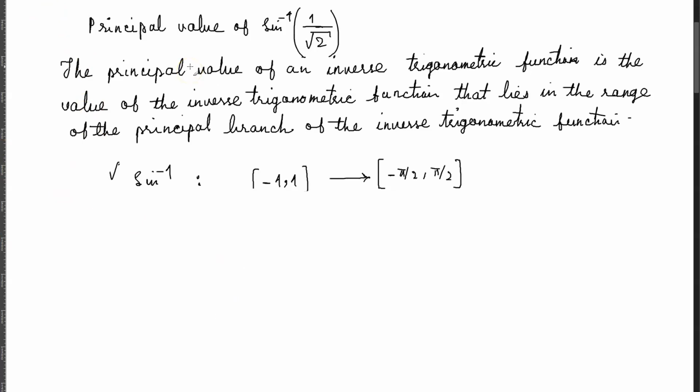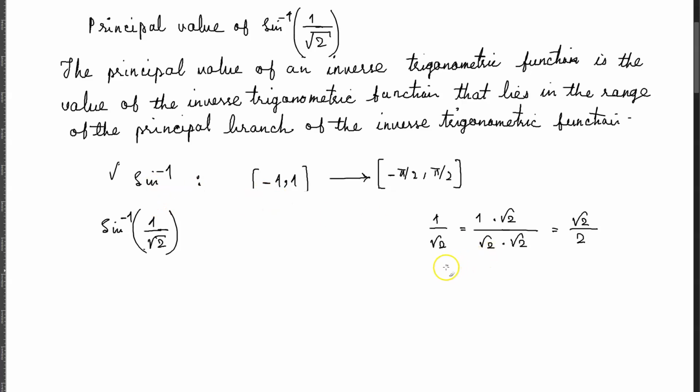Okay, so now in order to calculate the sine inverse of 1 over square root of 2, in case you're not familiar with this ratio, if you write 1 over square root of 2, I can multiply the numerator and denominator by square root of 2, and I will get square root of 2 over 2.